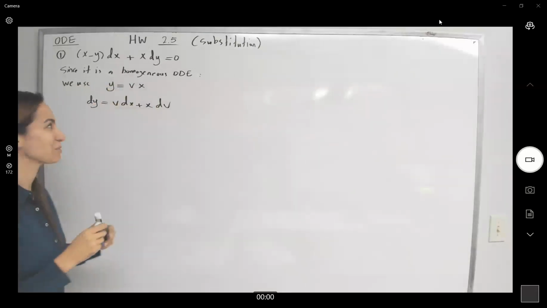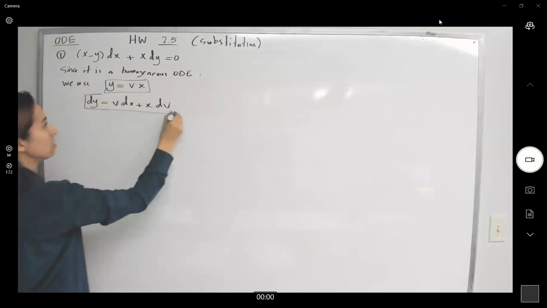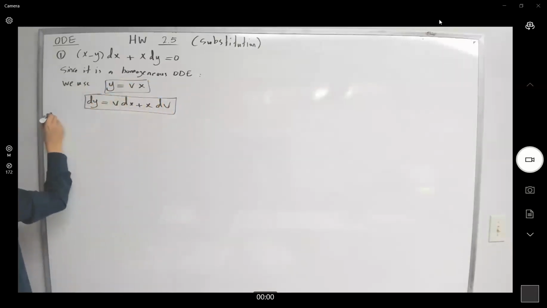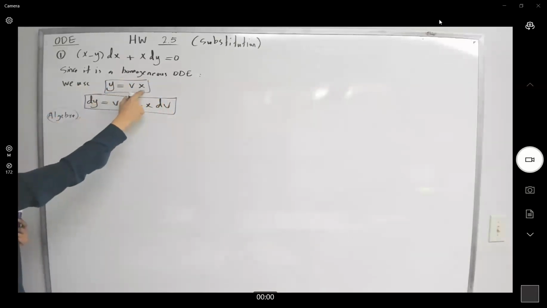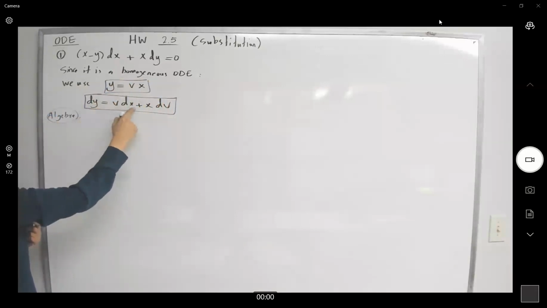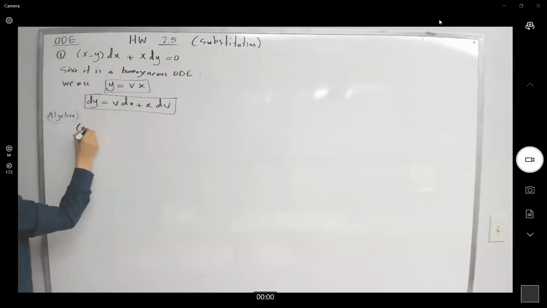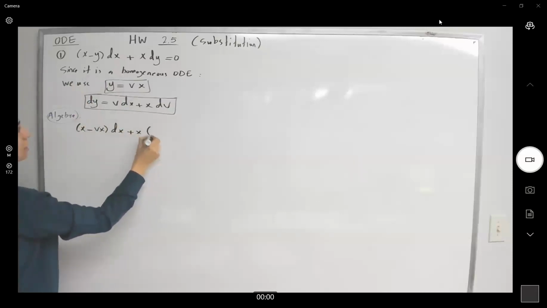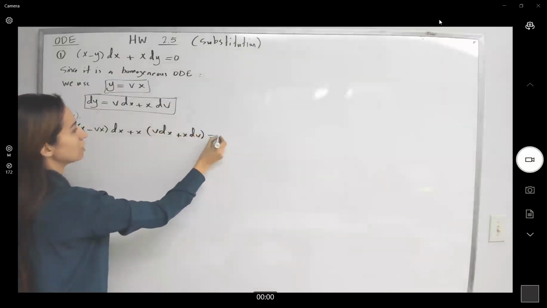Pure practice. So now we're just going to use algebra to simplify the differential equation that we have. Wherever we see y, we're going to use vx. Wherever we see dy, we're going to use v dx plus x dv. So we have (x minus y) dx plus x (v dx plus x dv) equal to 0.